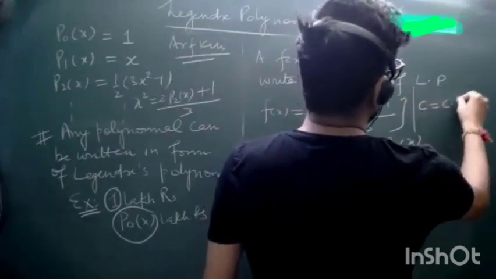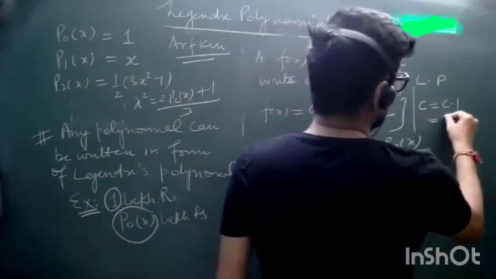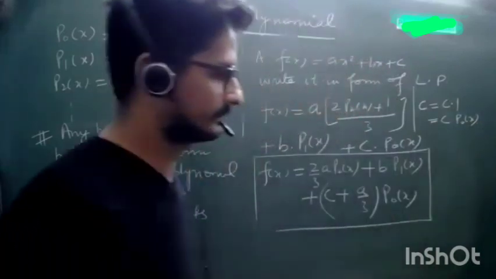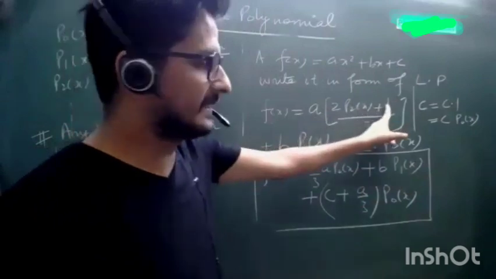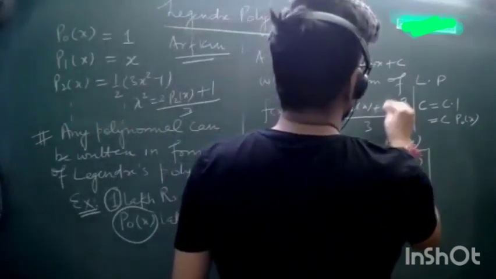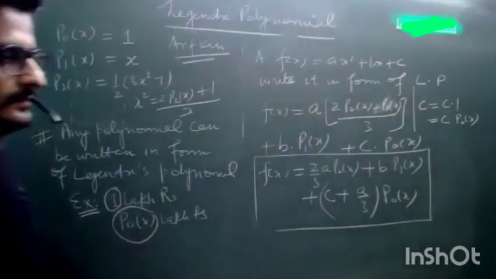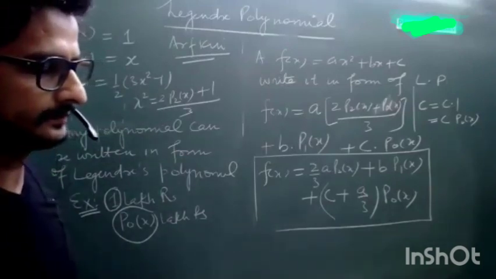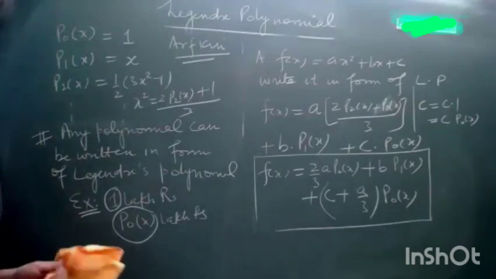C can be written as c into 1. So c into P0x, because P0x is 1. That's why I wrote c into P0. Now please see, 1 is written here, so 1 can also be written as P0x. Correct? Got it, Venkat? Yes, sir. Okay. Anybody else want to ask anything?